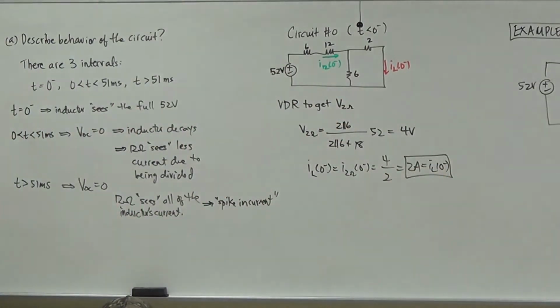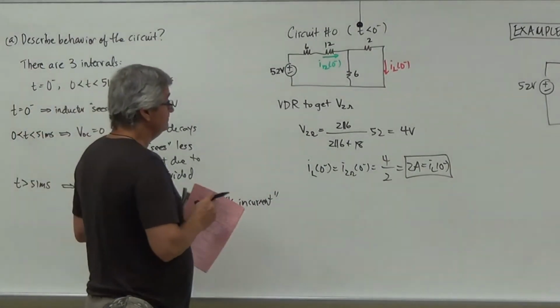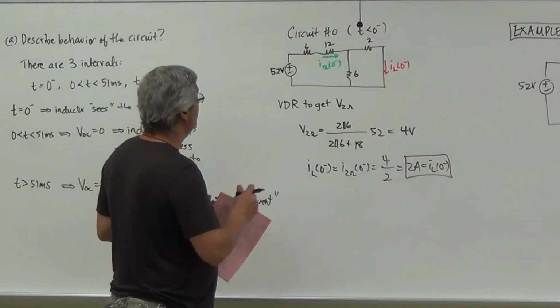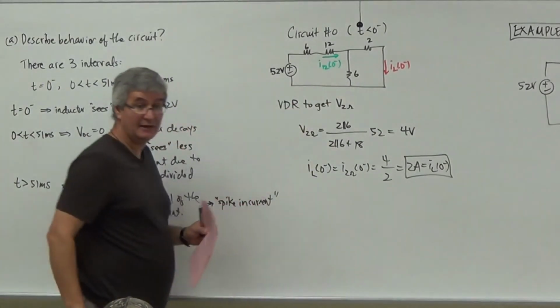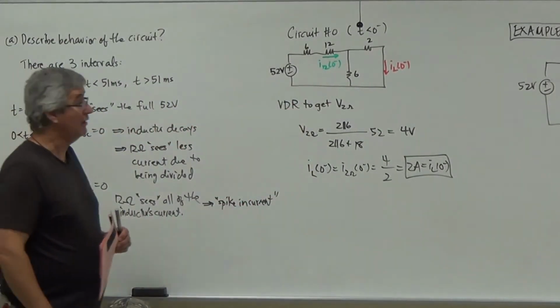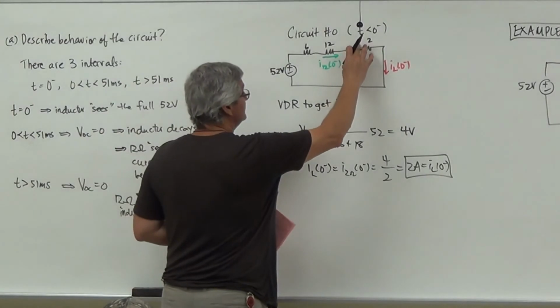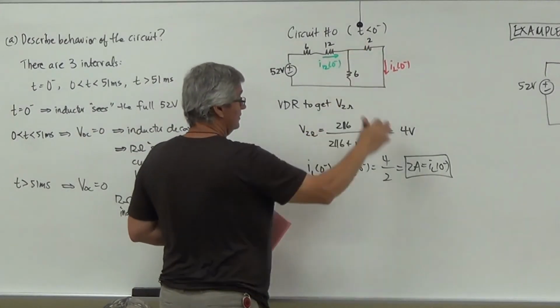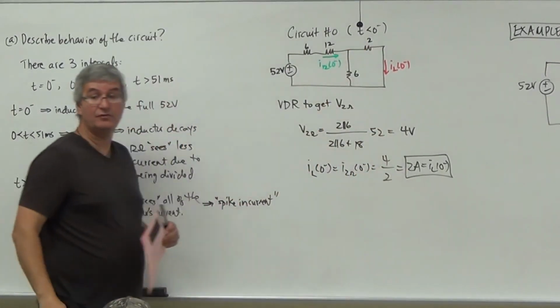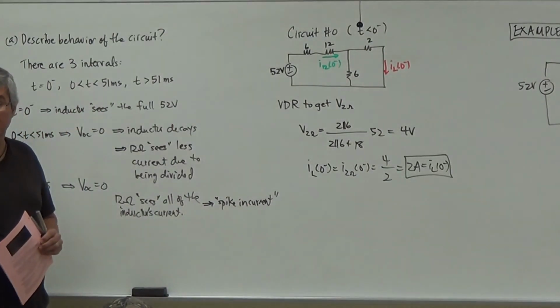Okay? Assuming that my numbers work here. So, in a very analogous way, I can calculate I12. If I know this voltage, then I know that that's 4. These guys have to see what? 48? You guys with me?